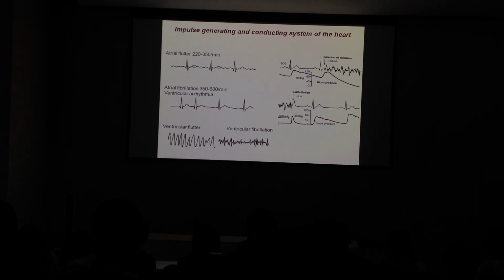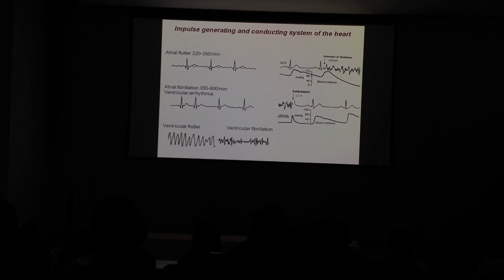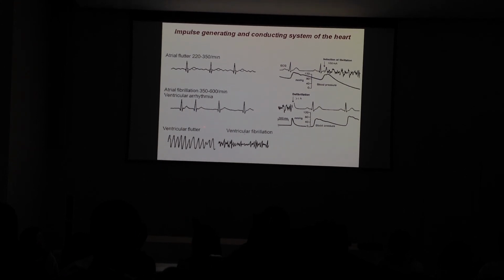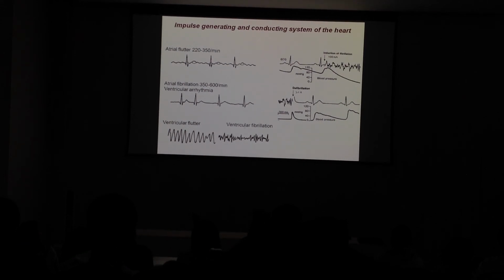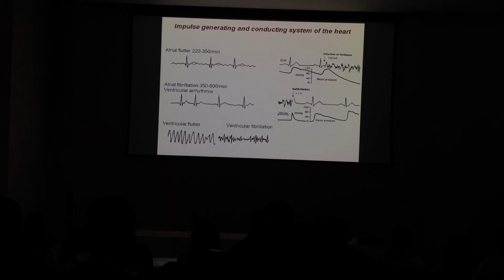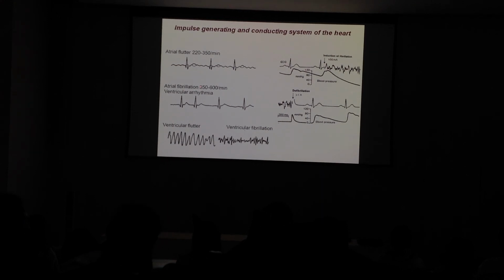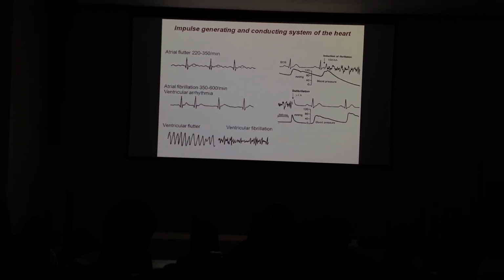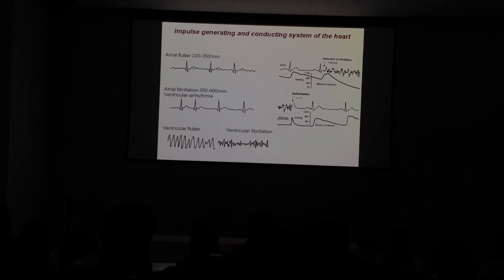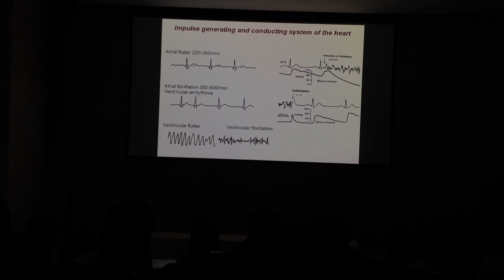The real fibrillation means that we do not see any P wave, because this is the QRS complex and this is the T wave. But the P wave, which indicates the electric depolarization of the atrium, disappears. Just a fibrillating baseline shows that 300 to 600 action potentials are running through the whole system. Now, this results in ventricular arrhythmia.